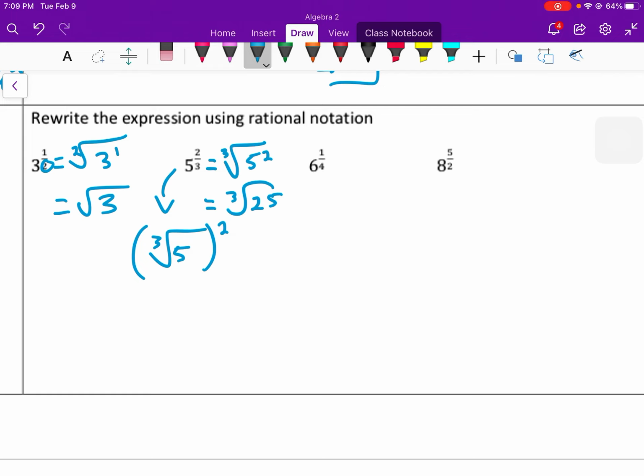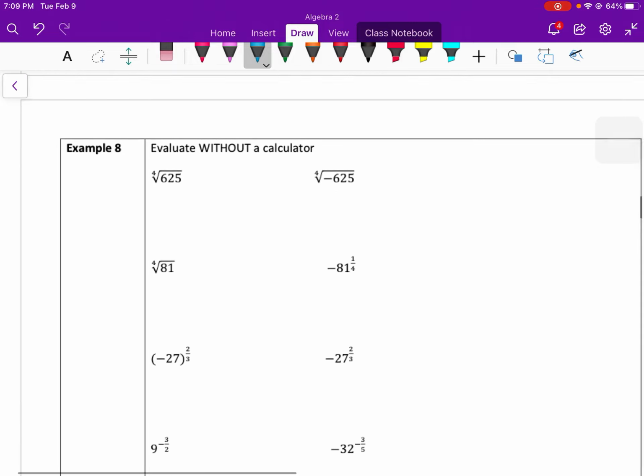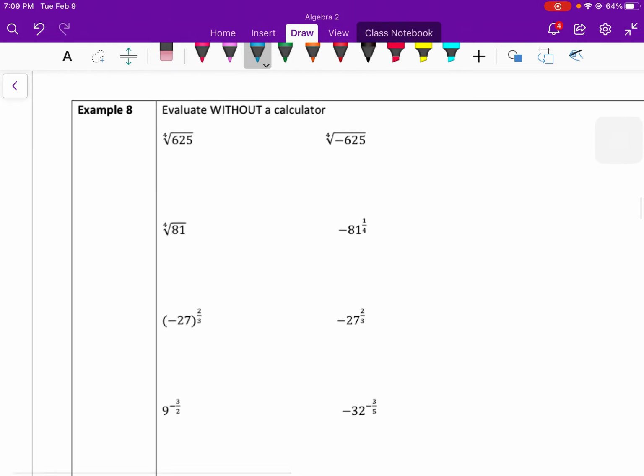So there's a couple different ways that you can rewrite them. 6 to the 4th now, we're going to put the 4 in the index because it's in the denominator, and then it'd be 6 to the power of 1, which is just 6 here. And then I'm going to skip this one for time. You can try that one on your own.